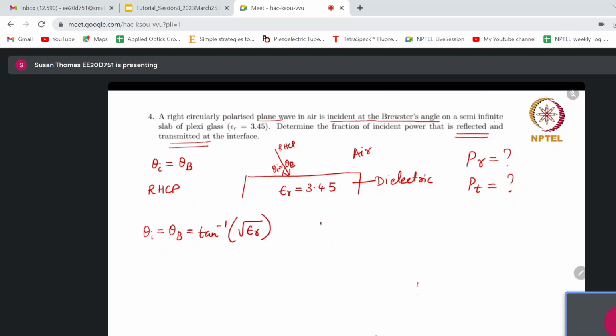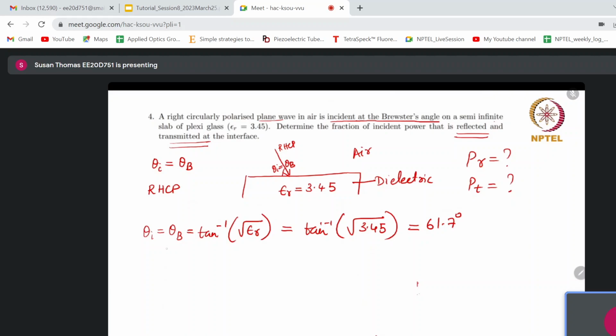If the first medium is air and the second medium has a dielectric constant epsilon r equal to 3.45, you can write tan inverse of root 3.45. This gives us an angle of 61.7 degrees.